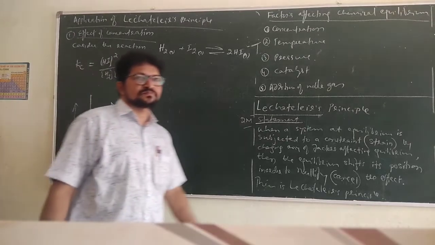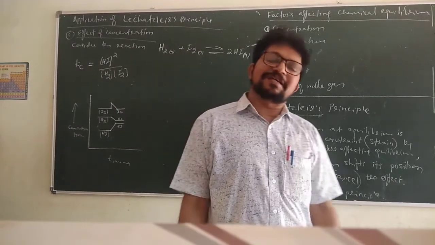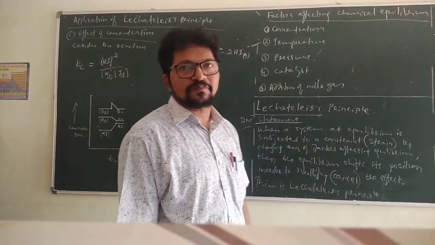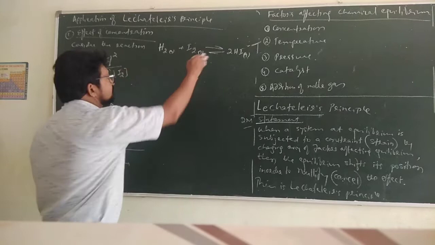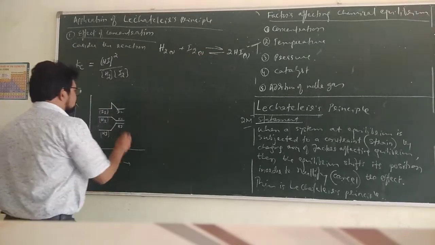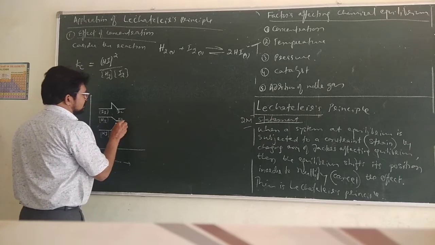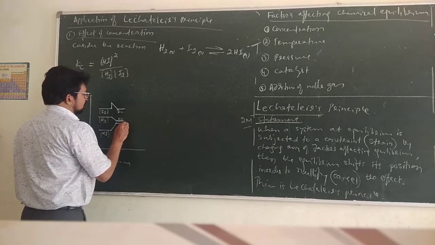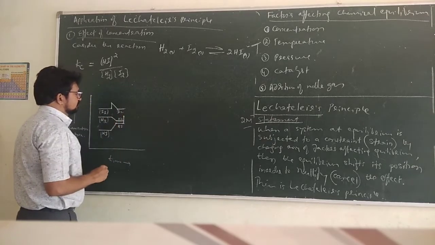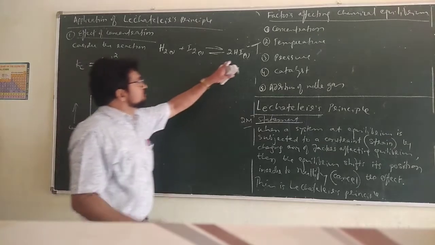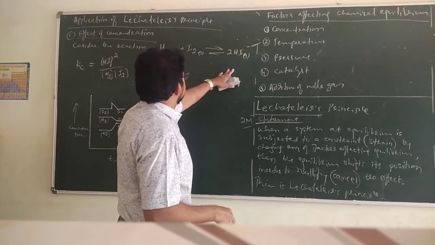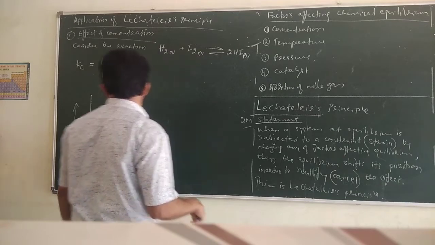Now do one thing. You add some HI from the right side. So suddenly, watch the line, HI will increase. If you add HI, then H2 and I2 should increase.